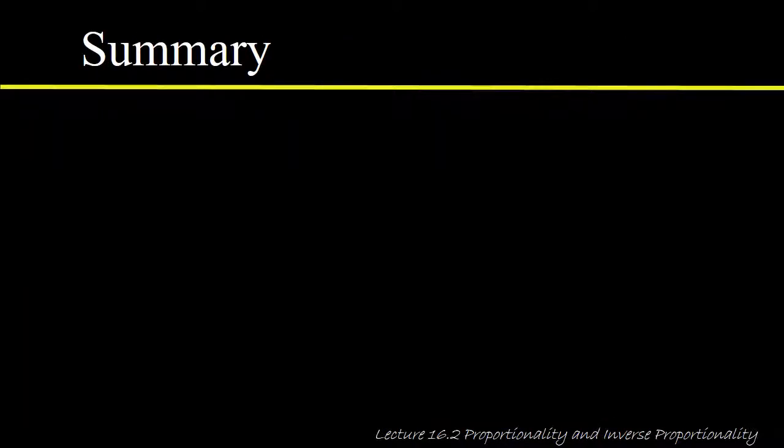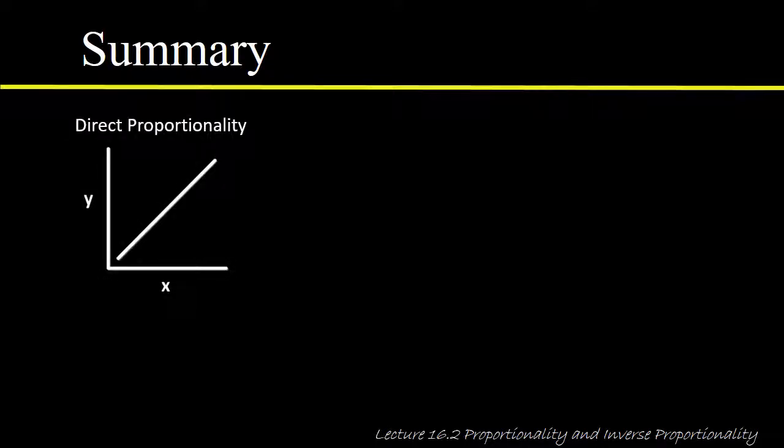All right, so in this video, we looked at direct proportionality, which says two variables x and y are directly proportional if an increase in x results in a proportional increase in y. And we said that the algebraic equation to relate those two is y is equal to k times x, where k is a constant and k is also the slope of that line.